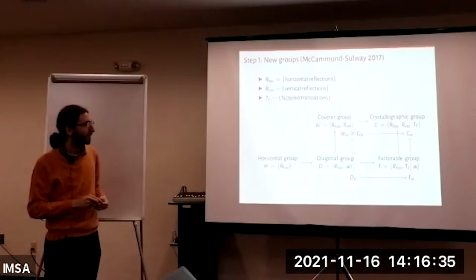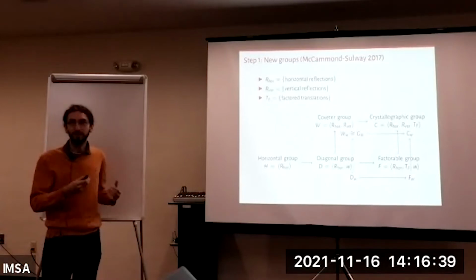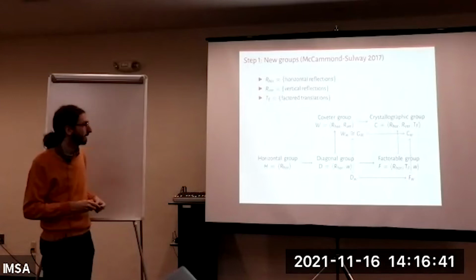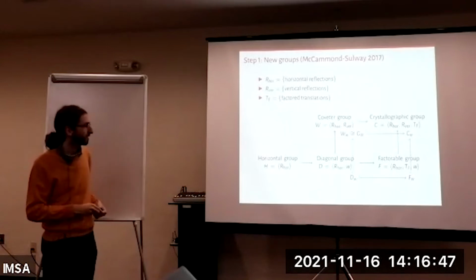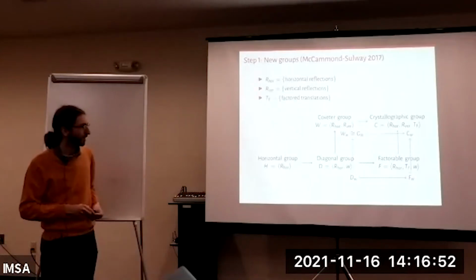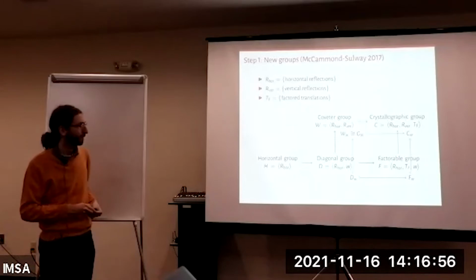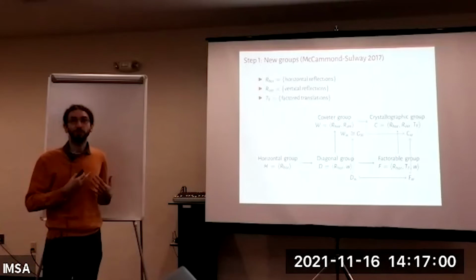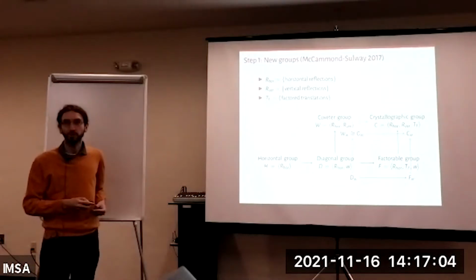Here we have this Garside group that McCammond and Salvetti constructed, and it turns out to be useful to have also the Artin analogs of these two bottom groups, of which the left one is also Garside. So basically we have this diagram where on the top left there's the group we are interested in, and on the right we have two Garside groups.